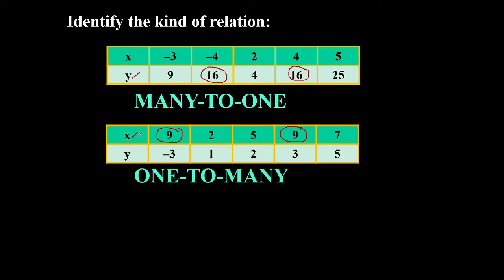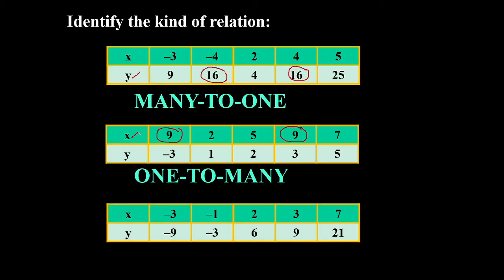And for sure, look at the X values. No repetition. Look at the Y values. No repetition. This is a one to one relation. So it's simply identifying what is being repeated. Is it the domain or is it the range? Or there is no repetition.